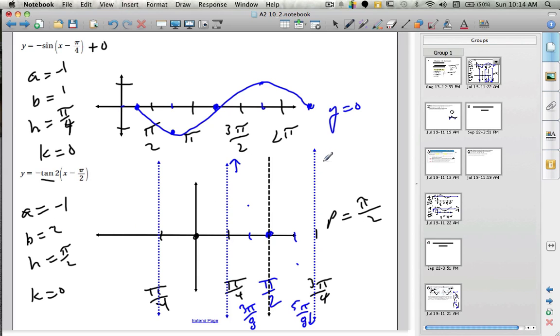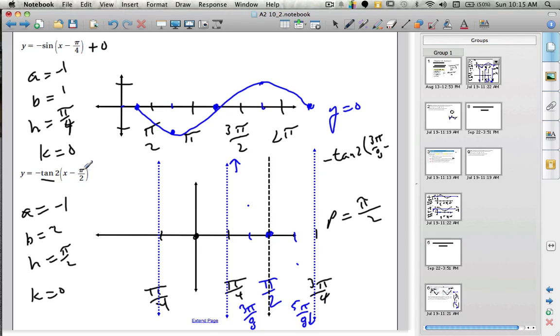I have the opposite of tangent, 2 times x, and in this case x was 3 pi over 8, so 3 pi over 8 minus pi over 2.